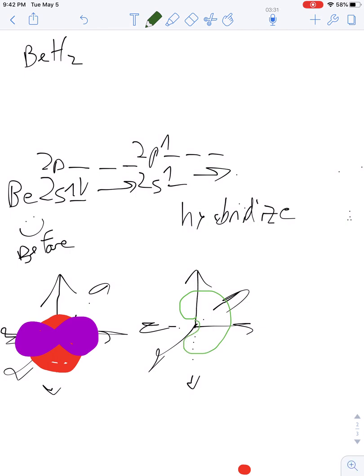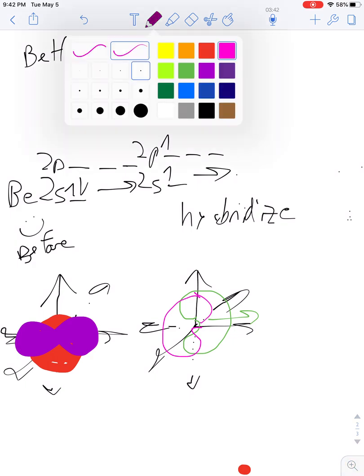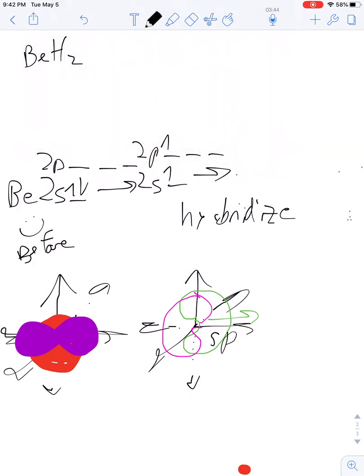One of them is facing this way, and the other one is facing the other way. We call them sps because they're a mixture of an s and a p. And because I mixed two orbitals, I get two of them out.